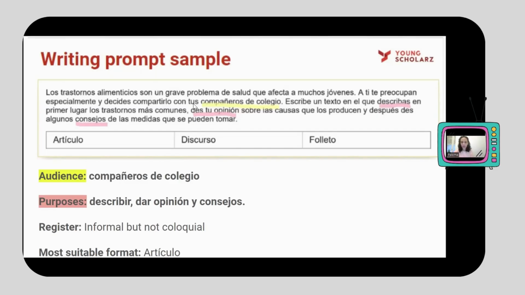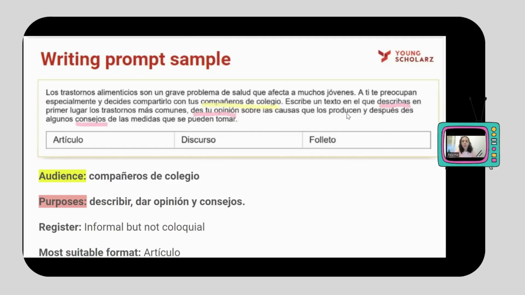So if we continue reading, it says, escribe un texto en el que describas, here we have the first purpose, describir, to describe. En primer lugar, in the first place, you describe los trastornos más comunes, then the second purpose: des tu opinión. Des tu opinión is the second action we need to do with our writing, so give our opinion, in English.